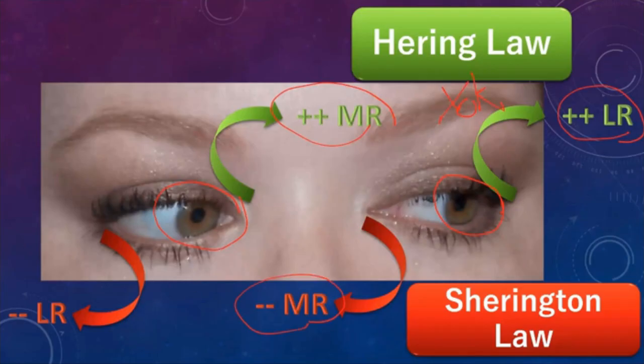And for the right eye, in order for the medial rectus to contract, the lateral rectus should be inhibited. This is called the Sherrington law of reciprocal innervation, which states that the antagonist of each agonist in the ipsilateral eye should receive inhibition, or reciprocal inhibition, in order for the eye to move in a certain direction.